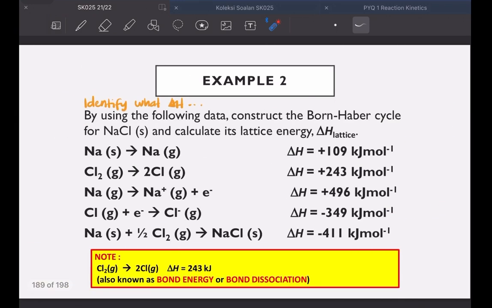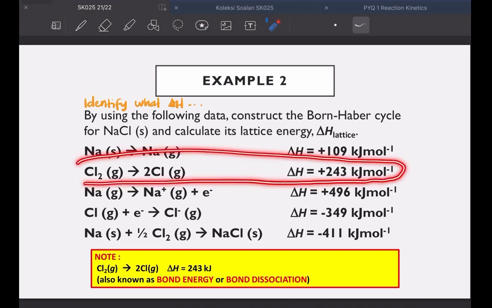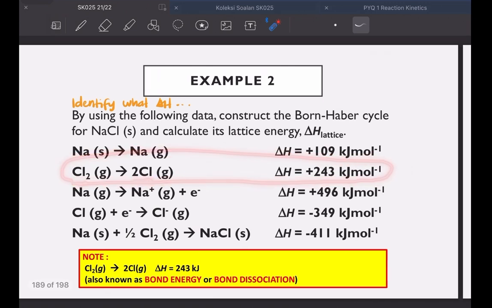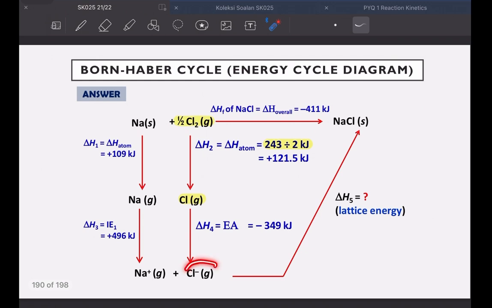If you look back here, the thermochemical equation given is for chlorine gas molecule forming 2 chlorine gas atoms, but we want to have 1 chloride ion gas that will be formed from 1 chlorine gas atom.